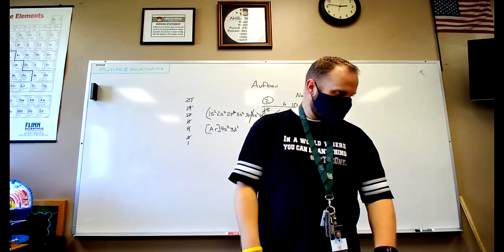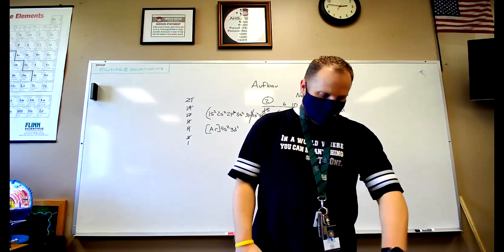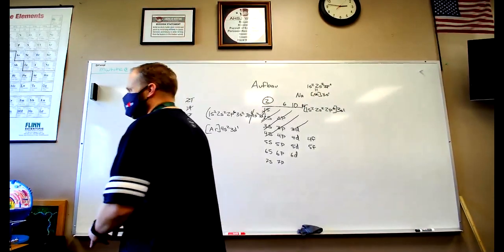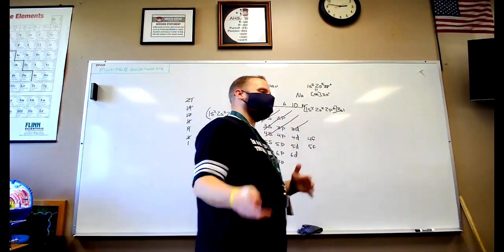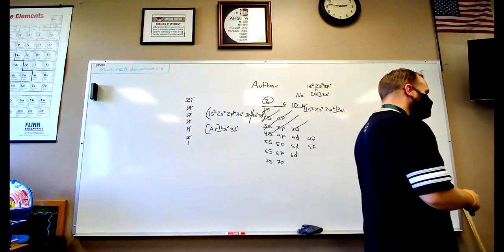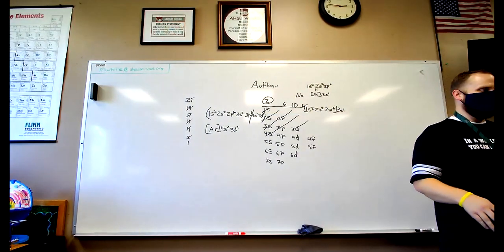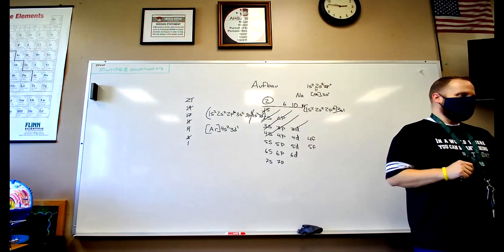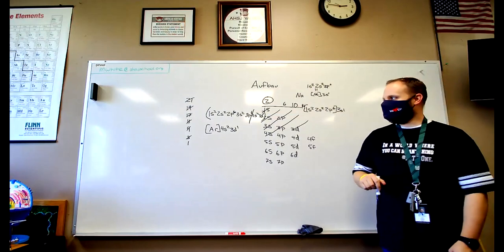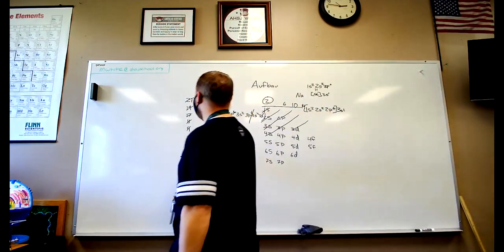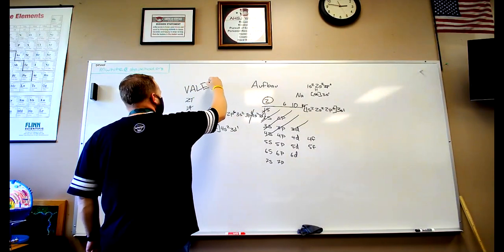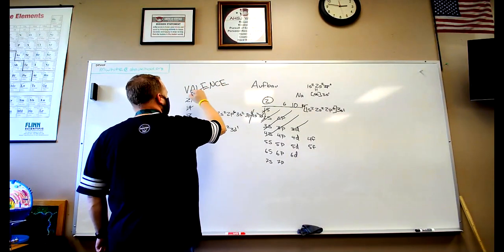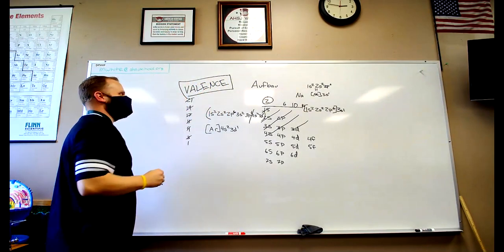There's one last thing that we need to cover. And this is actually a concept that's going to come back over and over and over. So if you don't get it today, you'll eventually get it. And what it is, is the concept of valence electrons.